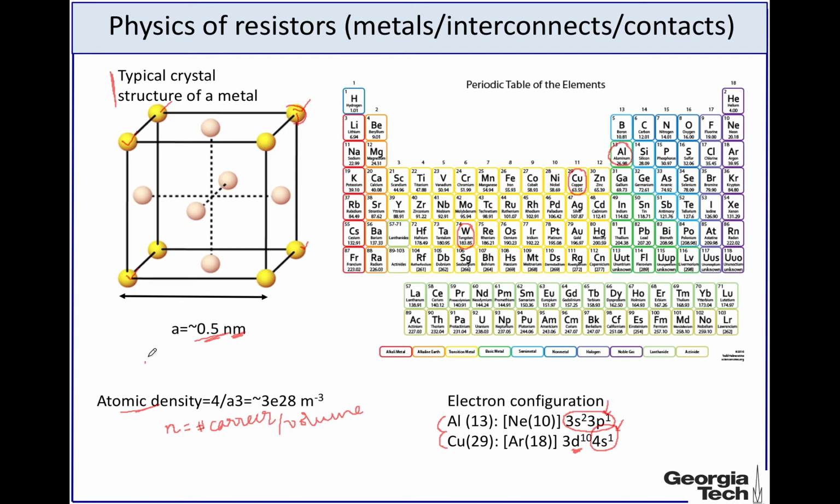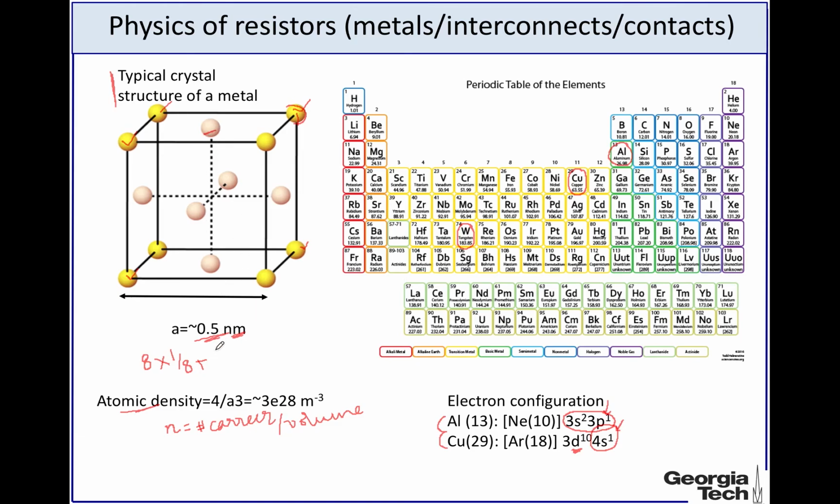So we have 8 atoms at the 8 corners, and 1/8 of each of the atoms is within this cube. But what about the ones that are on the faces of the cell? For these atoms, only half of the atom will be inside the unit cell.